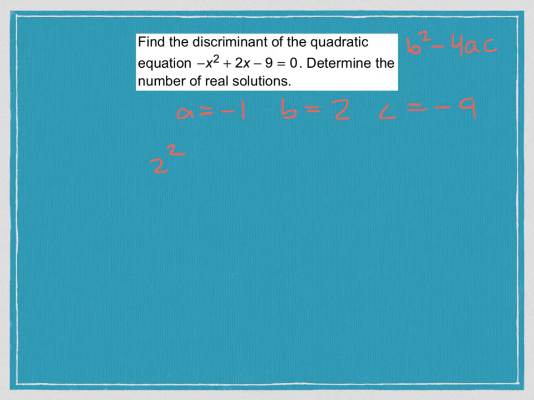So now we're going to plug in. We have 2 squared minus 4 times -1 times -9. So we have 4 minus 36.